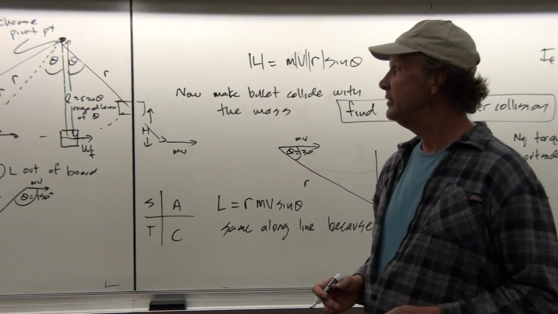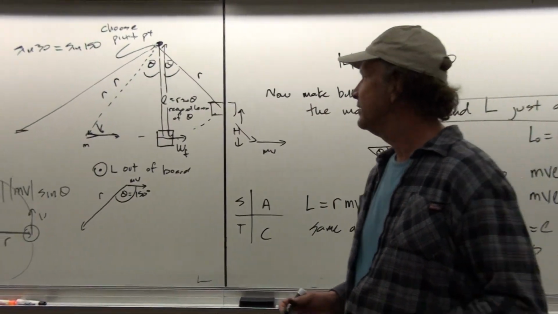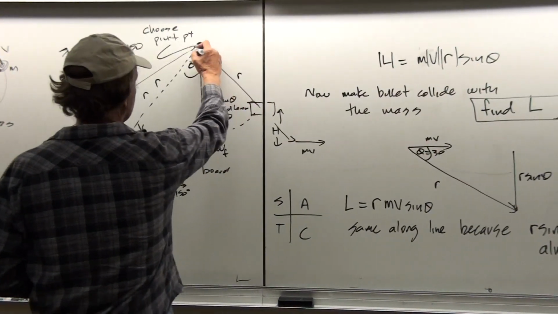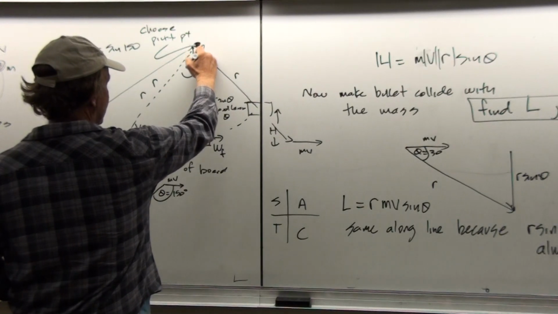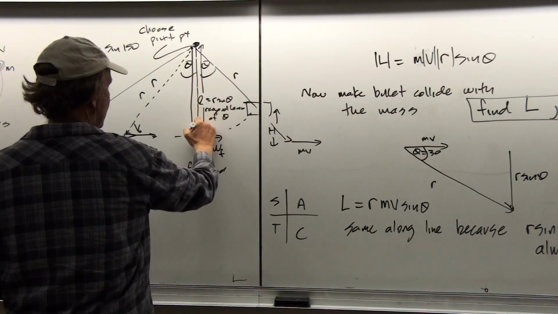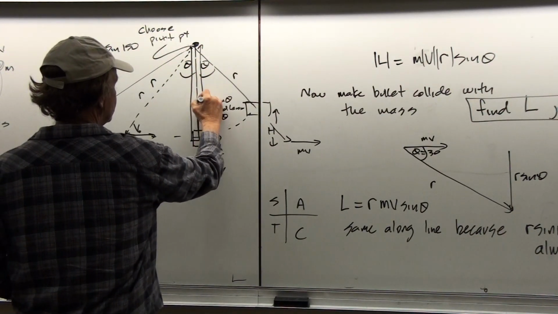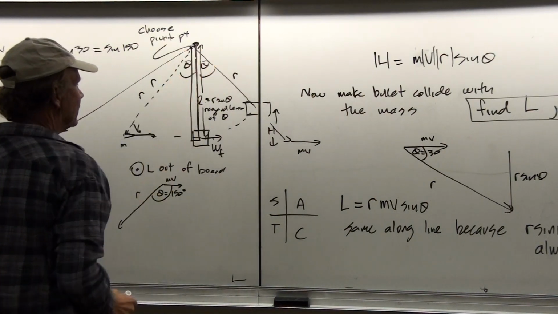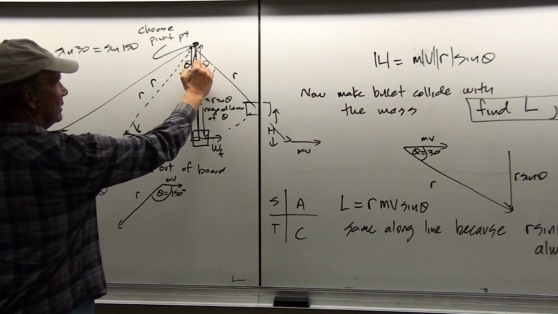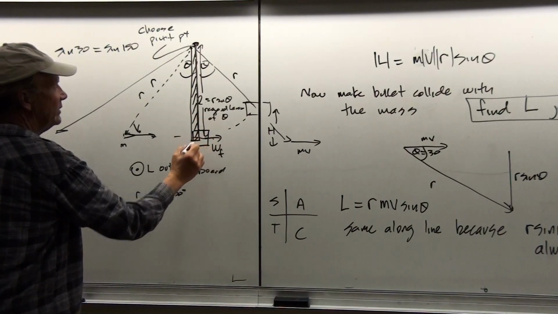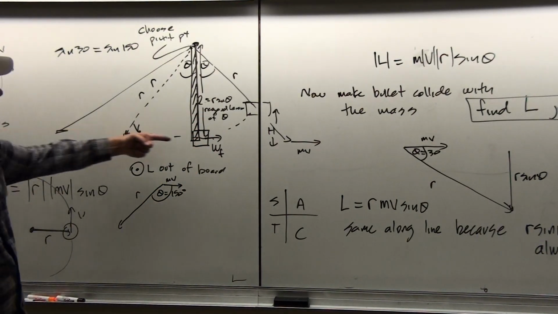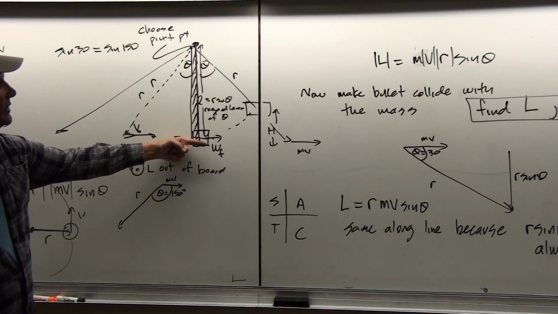Okay? What if I used a more complicated example like this one, in which now instead of having a mass, what I've got is a uniform stick of length L that's hanging from here. And then this bullet comes in and hits at the bottom of the stick.